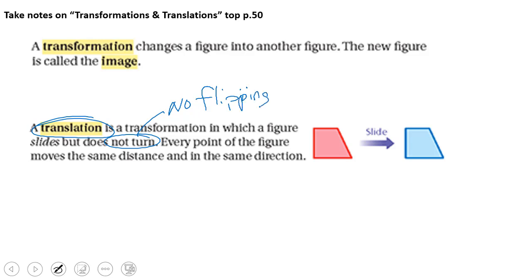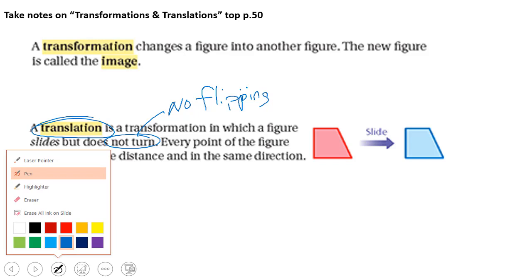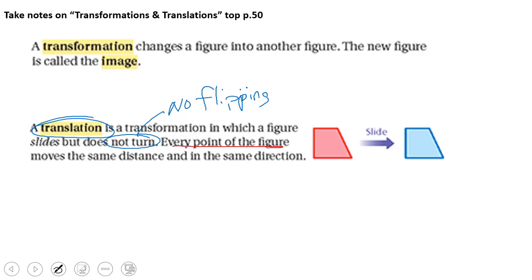In other words, the orientation is exactly the same as the figure. So the image has a look that is exactly like the figure. One thing we really need to understand in a translation: every point moves the same distance and the same direction. So you might want to draw one.